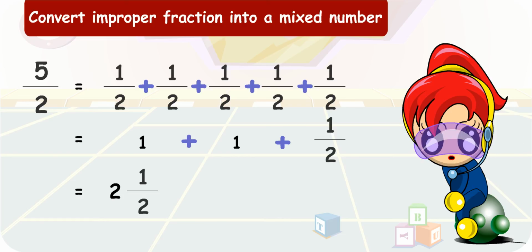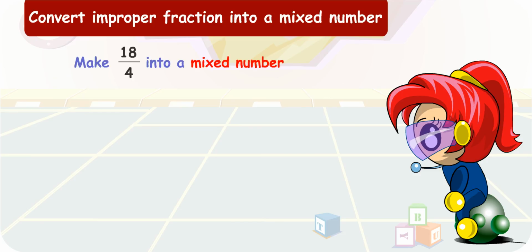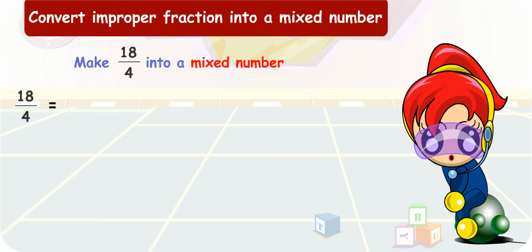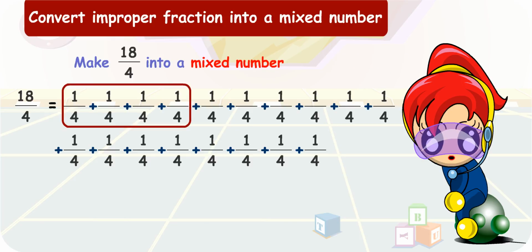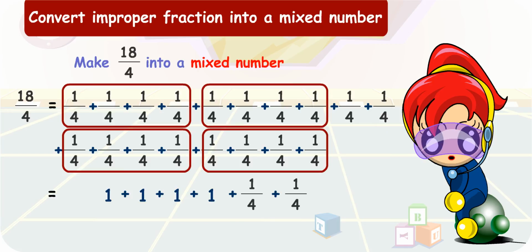I think I understand now. Turbo Girl, you try making 18/4 into a mixed number. Okay, 18/4 means 18 quarters. I know that 4 quarters make 1 whole, so I can make 4 wholes and be left with 2/4. I know the mixed number is 4 and 2/4.